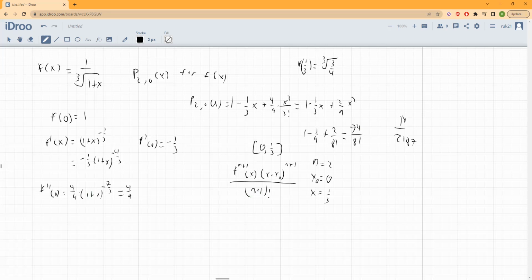And finally, we need to figure out what the n plus 1 derivative is. Right over here we have the second derivative, so now all we have to do is take the third derivative. So f triple prime is equal to negative 28/27 times 1 plus x to the power of negative 10/3.